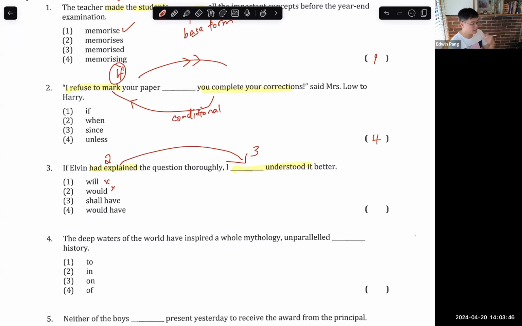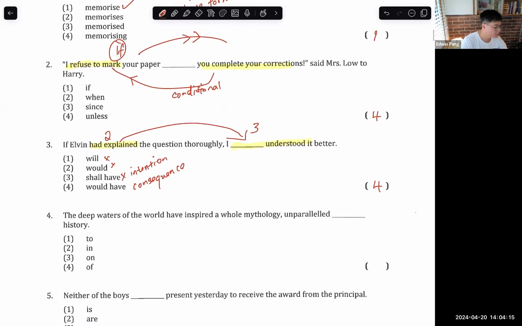So if Alvin had explained, "I would have" is obviously the correct answer, because "would have" tells you the consequence. "Shall have" explains more of an intention or a prediction, so this is wrong. In this case, it's obviously a consequence of his proper explanation, so the answer is number 4.